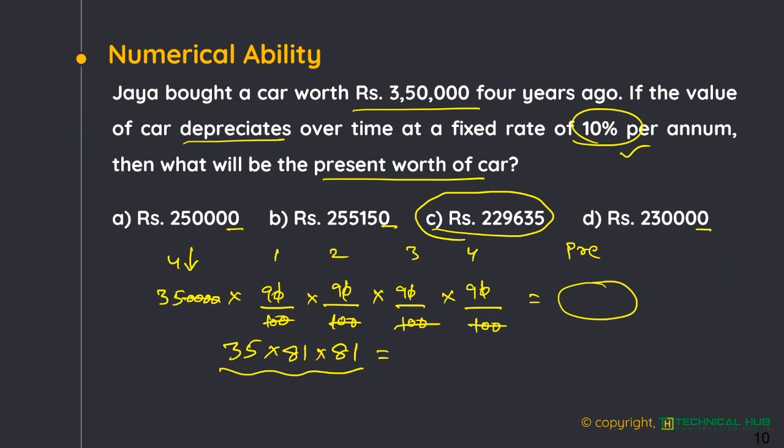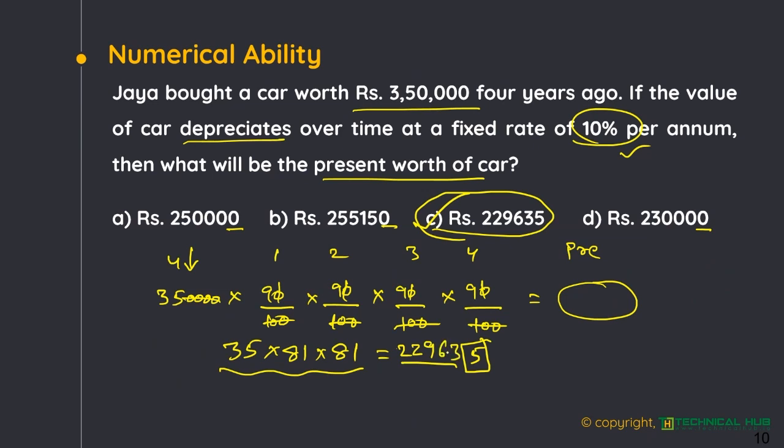Why? Because 1 into 1, 1. 1 into 5, 5. Units place must be 5. So that is given in only one option, option C. Therefore, your required answer definitely after calculating that 35 into 81 into 81, you will get the answer as 229635. That is the required answer, option C.